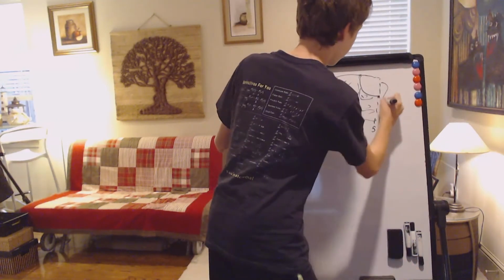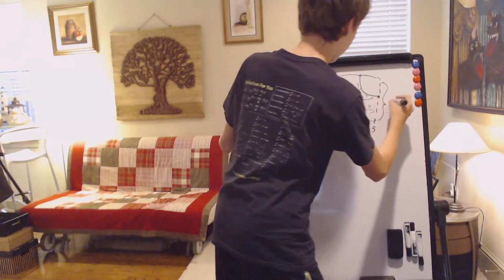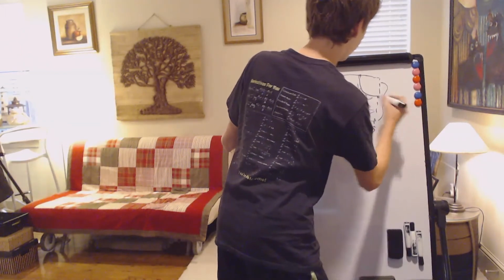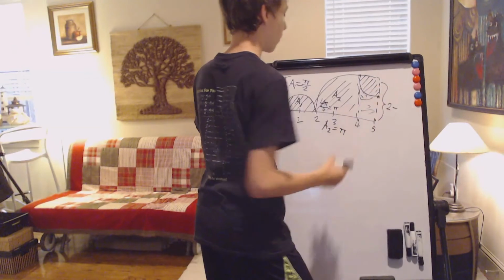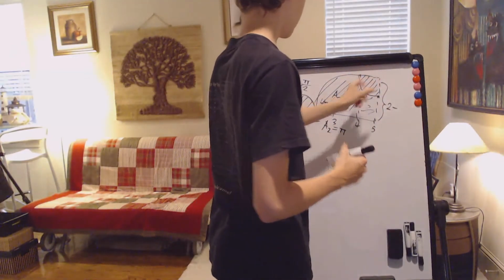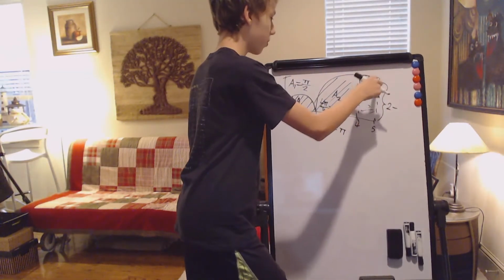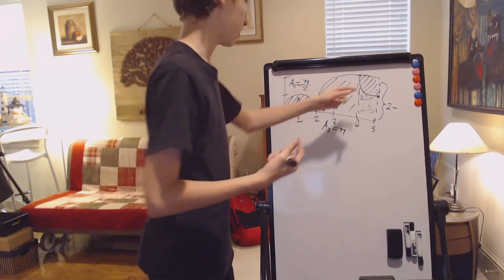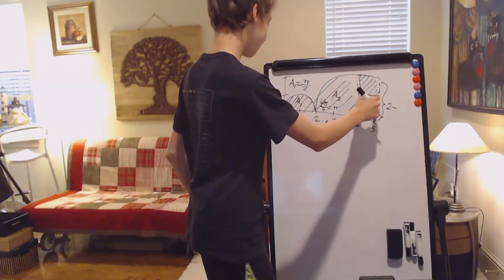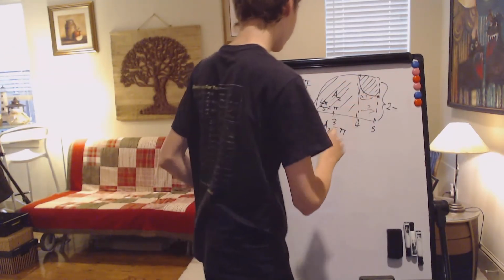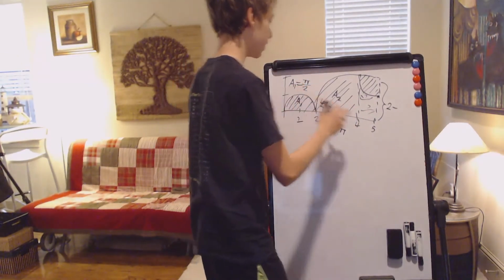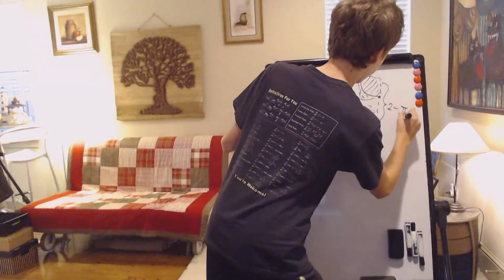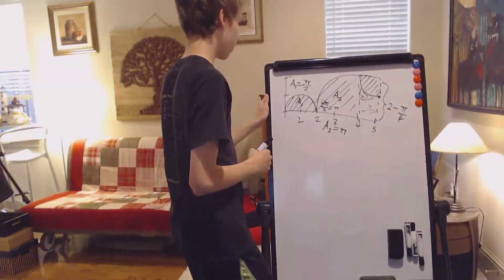So the full area of the rectangle is going to be 2. And then we have to subtract from that the area of this little fourth of a circle here, of radius 1. And that's going to be exactly half of our A1, so it's going to be pi over 4. Okay, should be correct.